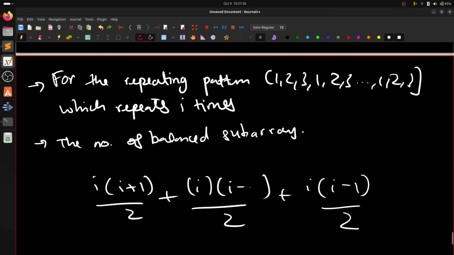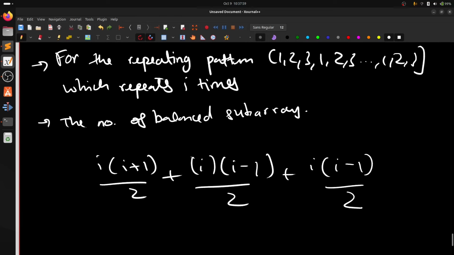Right? Here it's minus 1 by 2. Okay. So this is the formula.